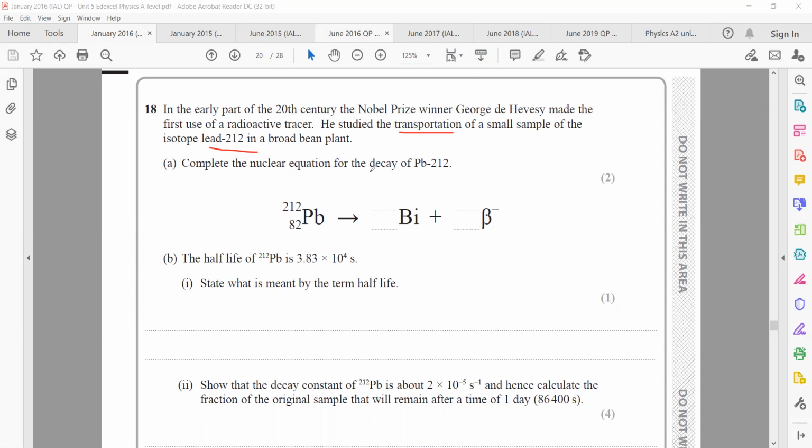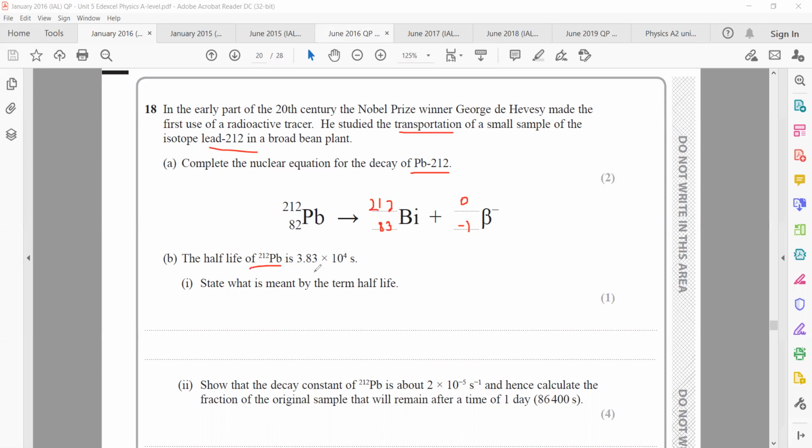Complete a nuclear equation for the decay of the lead. If you want to complete a nuclear equation for a beta particle, this will be 0 and -1. The atomic number increases, but the atomic mass remains the same.